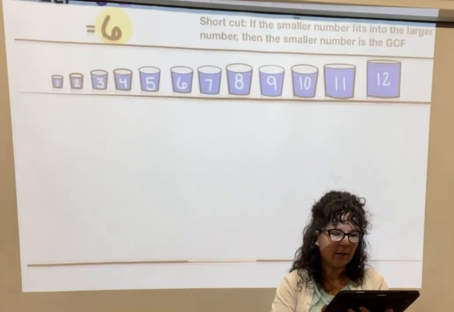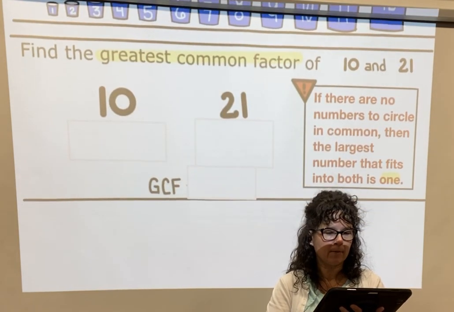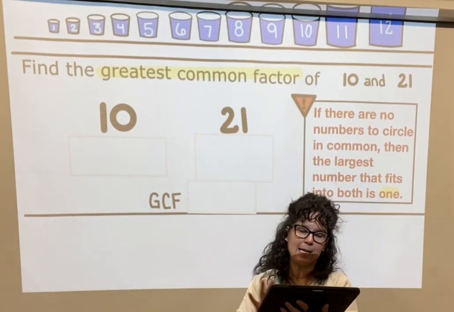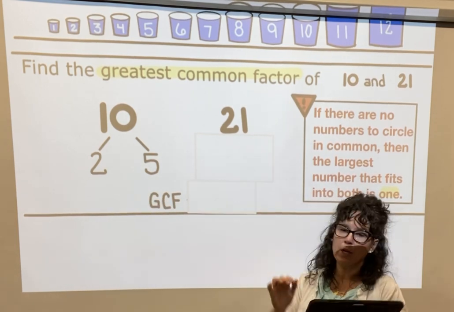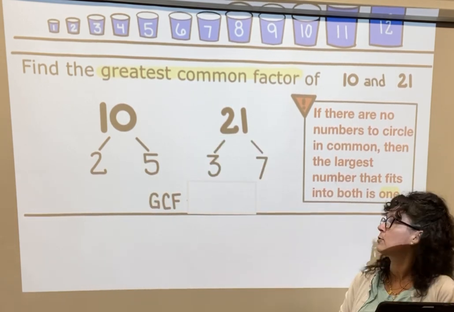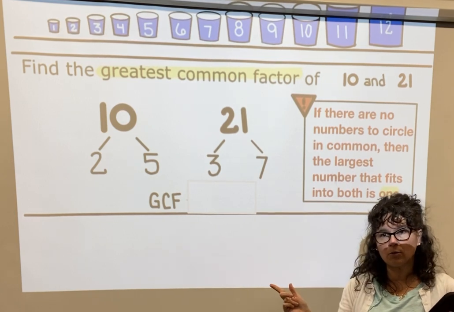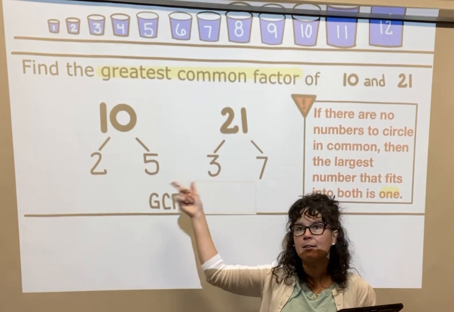The other little thing that you should be on the lookout for is you start making the tree and you're like, okay, 10, I'm going to go with 2 times 5. And for 21, I go with 3 times 7. And you start looking for what's in common to both. 2 and 5, 3 and 7. I can't circle anything in both of them.